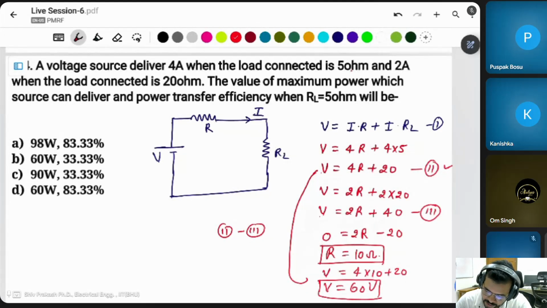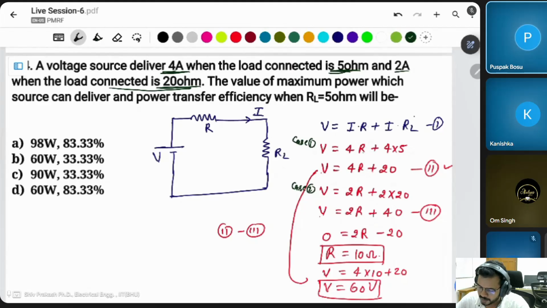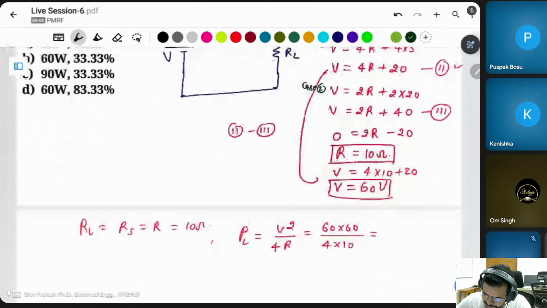Actually, this question is given as 4 ampere is the current flowing when RL is 5 ohm. This is the first case. In this case, I wrote V is equal to 4 ampere into R plus 4 ampere into 5 ohm resistor. The second case is 2 ampere current flowing when the load connected is 20 ohm. This is the second case. Okay, thank you, sir. Okay, welcome.